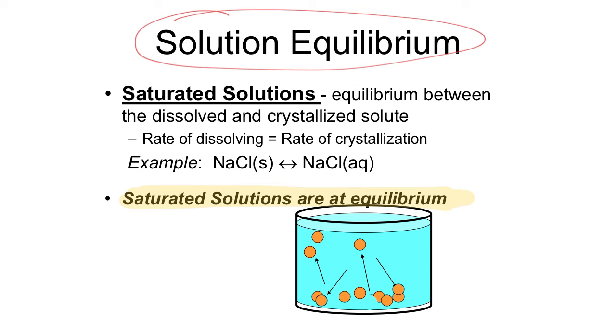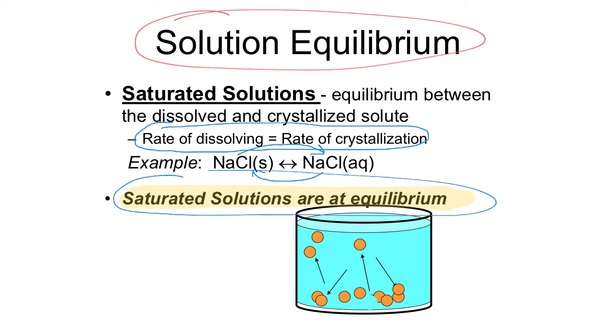So if we have a saturated solution of salt water, every time one solid particle dissolves, another one must recrystallize. So since the rate of dissolving, the forward reaction, is equal to the rate of the recrystallization, that would be the reverse reaction, that makes our solution at equilibrium. So again, saturated solutions are at equilibrium.